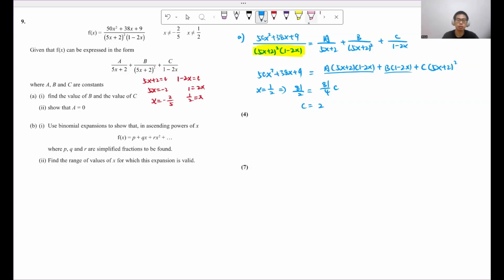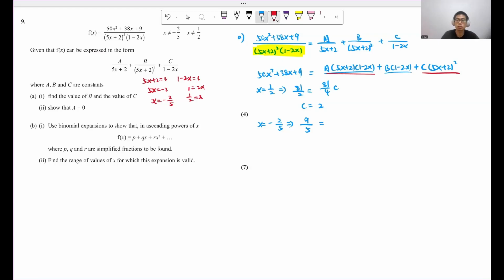Now we can substitute the other one, x equal to negative 2 over 5. On the left-hand side, 50 times (negative 2 over 5) squared plus 38 times negative 2 over 5 plus 9 is just equal to 9 over 5. For the right-hand side, if we substitute in negative 2 over 5, the a term will become 0 and the last term will become 0, just the middle one left.